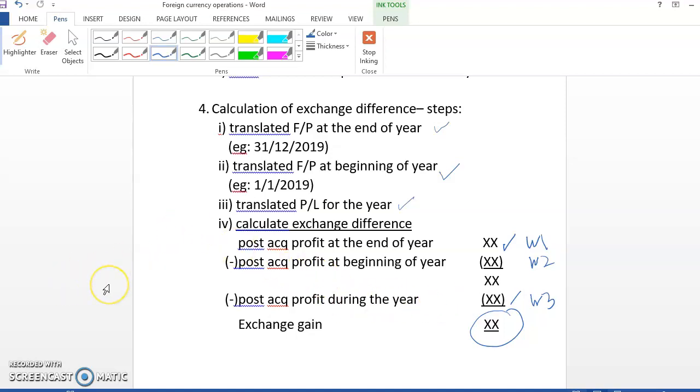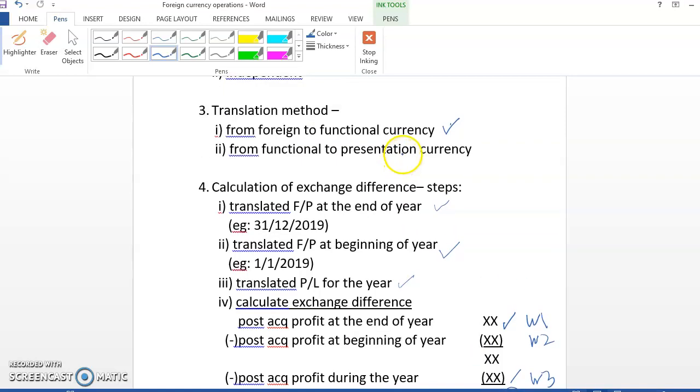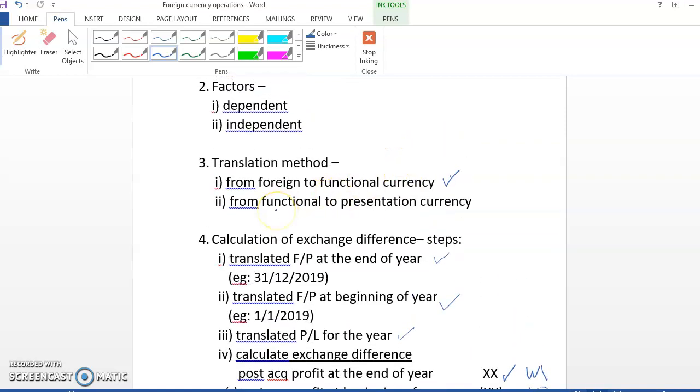Now we have to look at the textbook as an example, because for the calculation of exchange difference we need to do the translation. And again, we have 2 methods of translation. As an example, we will use the second method, that is from functional to presentation currency.